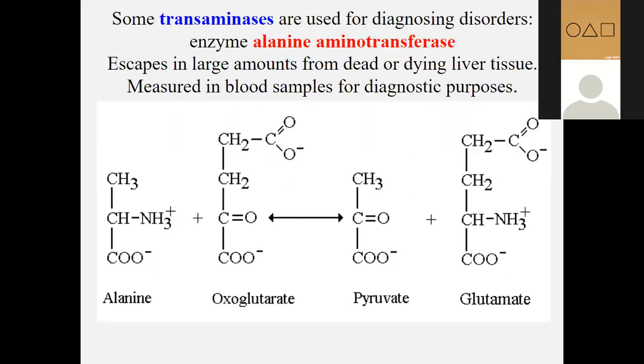So bakit importante itong glutamate? Basically, if we're going to utilize this amino acids as energy source, so kailangan natin i-break down muna yung amino acid. And to do that, we have to transfer the amino group. Okay, so itong alanine for example, para ma-utilize siya for energy, matatransfer tong amino group dun sa oxoglutarate.